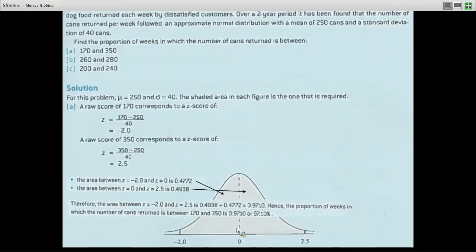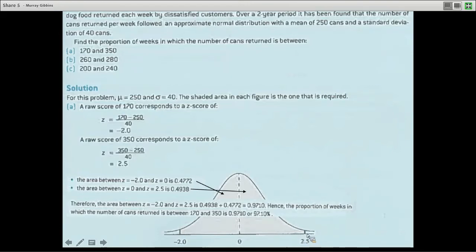Just bear with me while I try and work out where it is. Get rid of the water off my finger, there we go. So I need 250 right in the middle. And for question A, I would put 170 down the bottom, and I'd put 350 at the top. And then I'd start putting those in the formulas so that I can find what the z-score is.